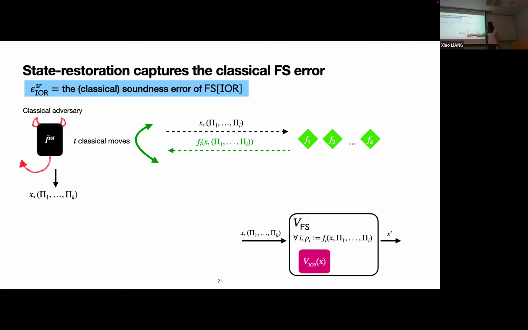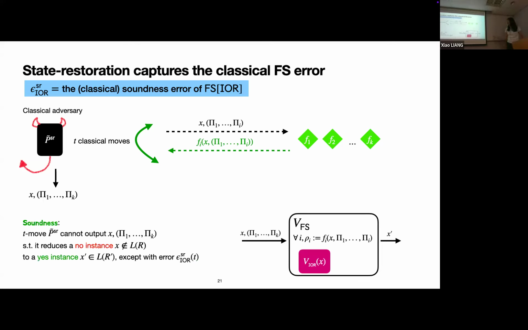It runs the IOR with this computed randomness and outputs the new instance. And the soundness says that a T-move SR prover cannot output something that reduces a no instance to a yes instance, except with some small probability.